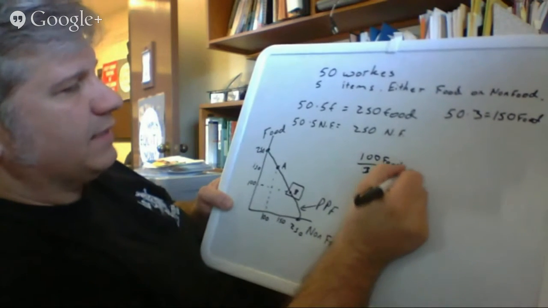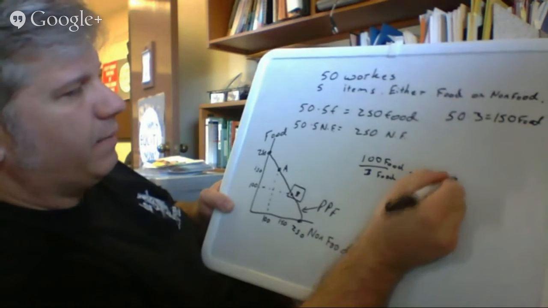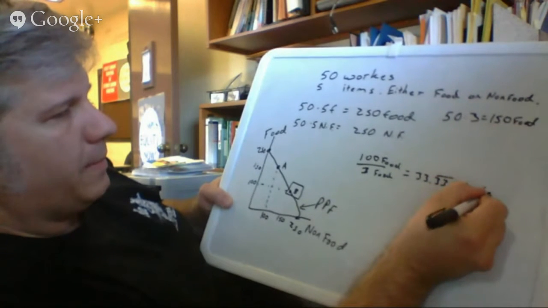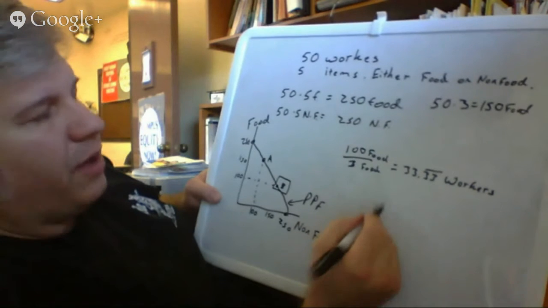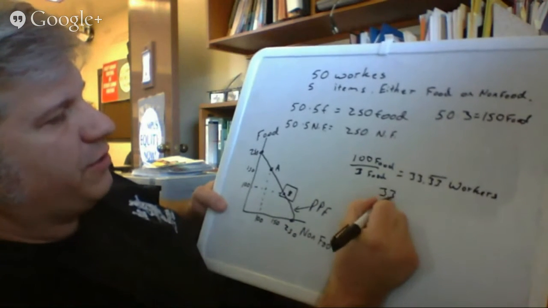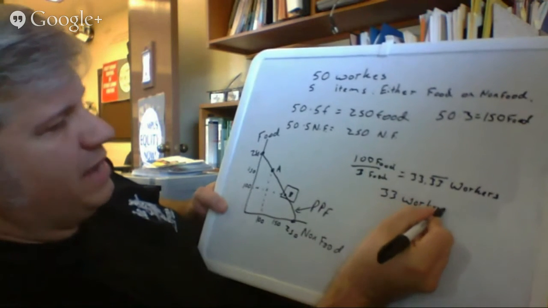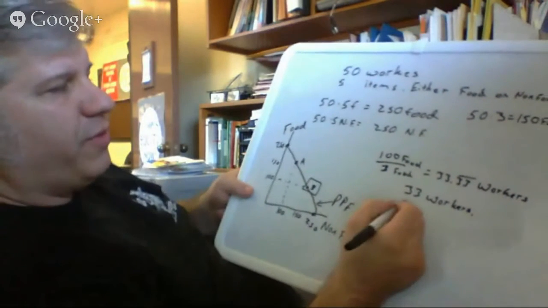And what we find is that's equal to 33.33 workers. Okay. Now, 33.33 workers isn't possible, so we round down to 33 workers, because does it make sense to have a part of a worker? You can't. It's not even feasible. They'll die. So now we know we have 33 workers.